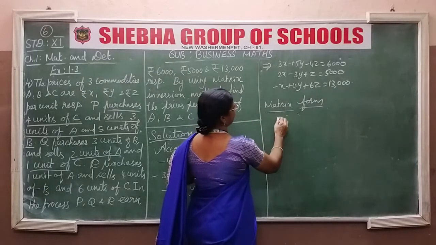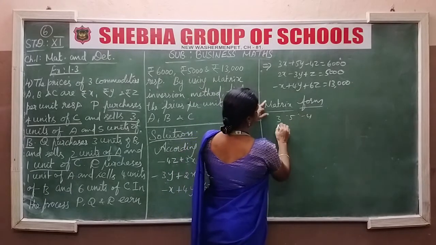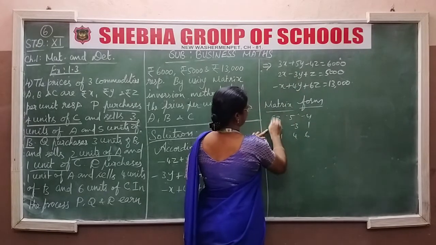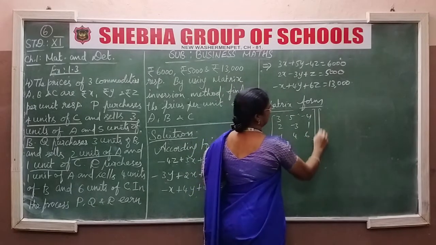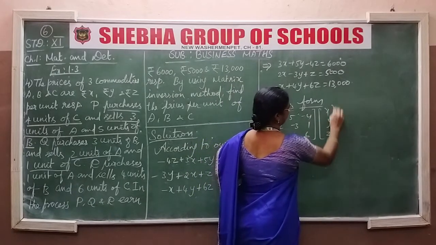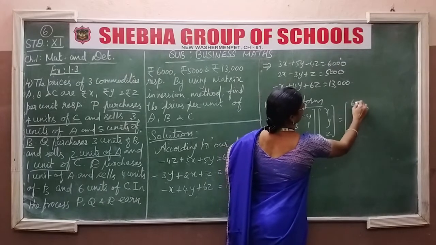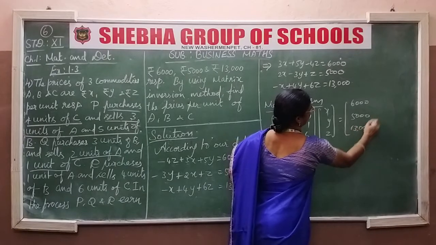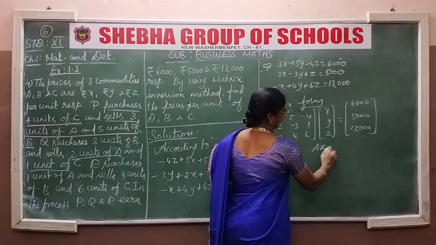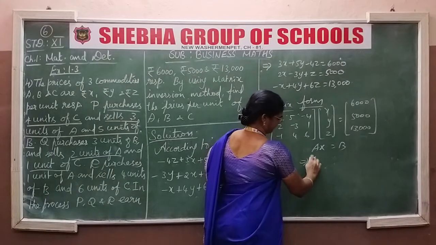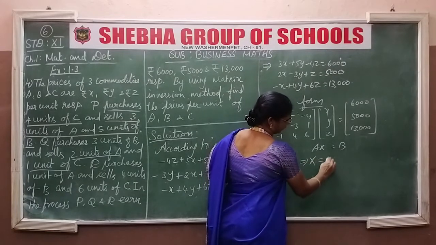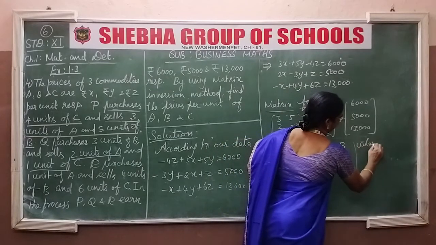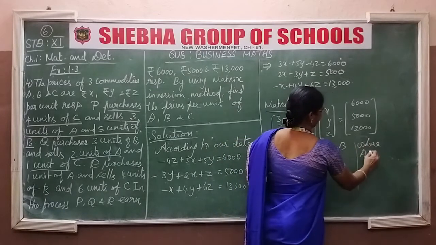So the matrix form is 3 5 minus 4, 2 minus 3 1, minus 1 4 6 as coefficients in the A matrix, and x, y, z equal to 6,000, 5,000, 13,000. Okay, this is Ax equal to B, which implies the solution x is equal to A inverse B. And write what is A, x and B.